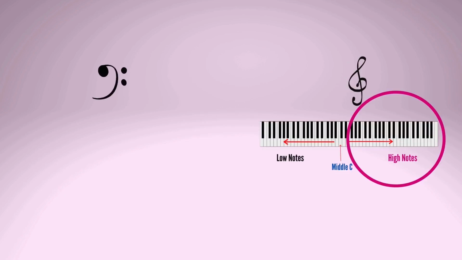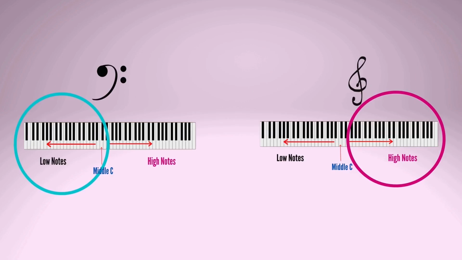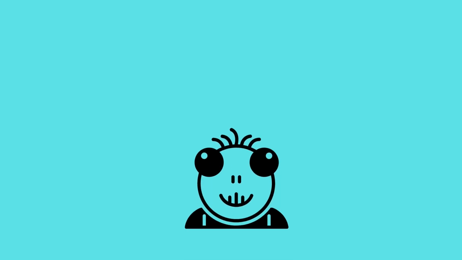G clef is used for high notes. F clef is used for low notes. Confused? Keep watching.